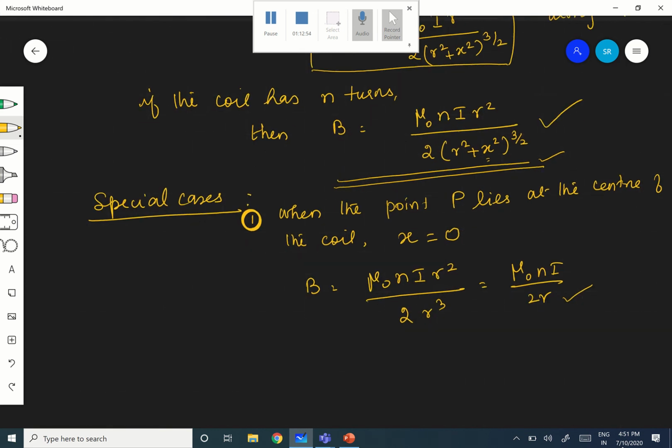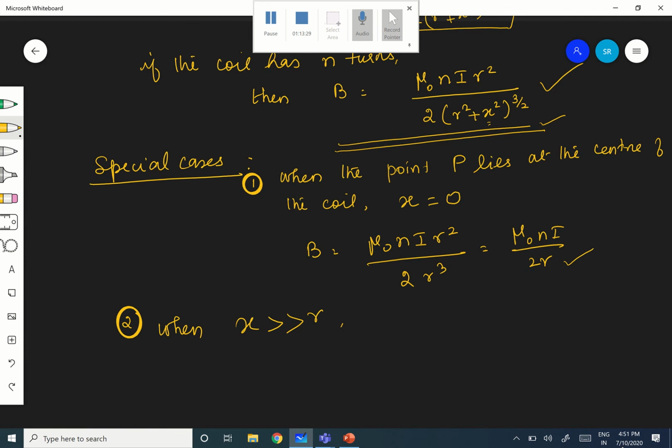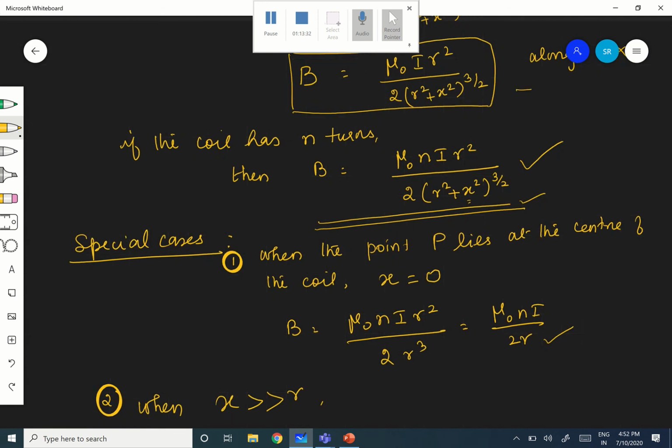Special case number 2: when the point P is very far off from the center of the coil. Therefore when x is very much larger than r. Let us give some name to the expression: this is 1, and this is 2, with the number of turns n.